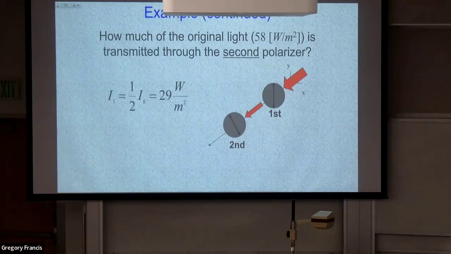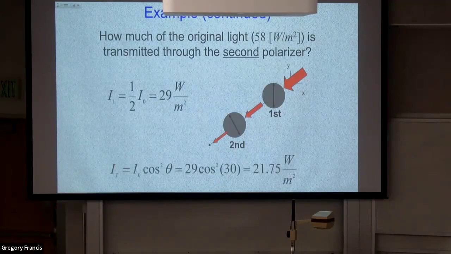And then we take what came through the first one and use that as the starting point for our cosine squared rule. We put the 29 watts per meter squared into the cosine squared rule, and we get 21.75 watts per meter squared. Okay, it's that simple. It's mostly just plug and chug.